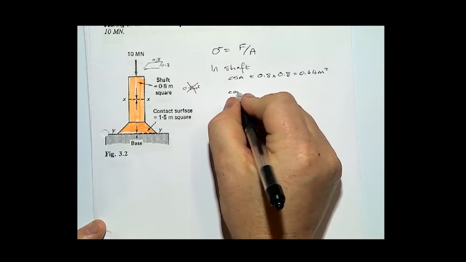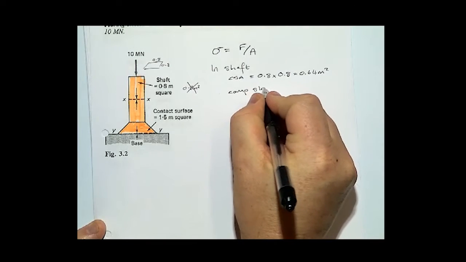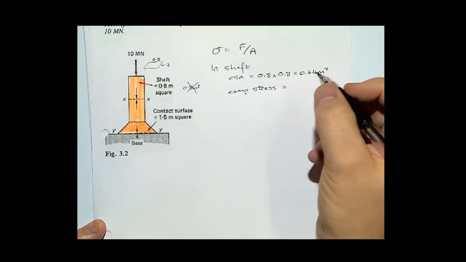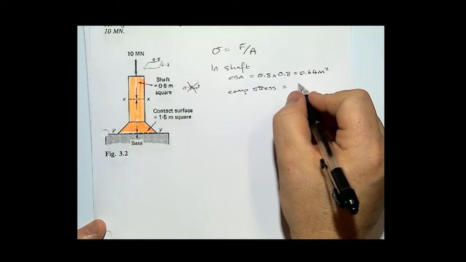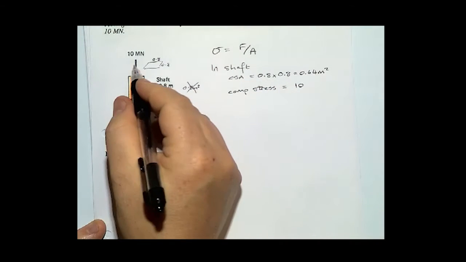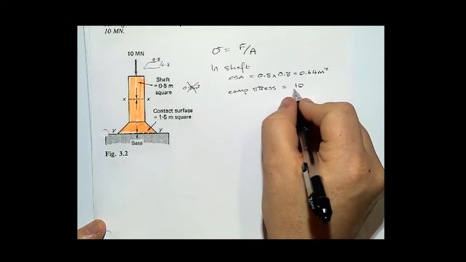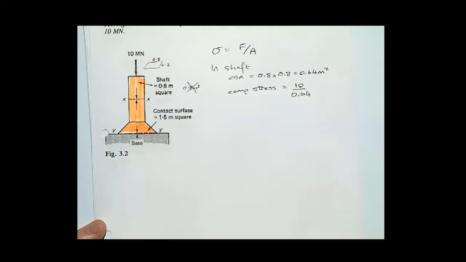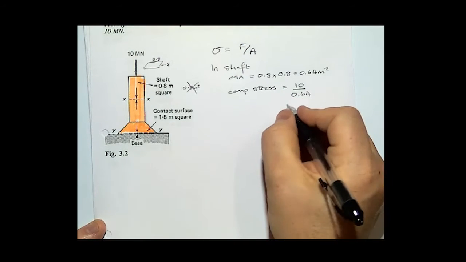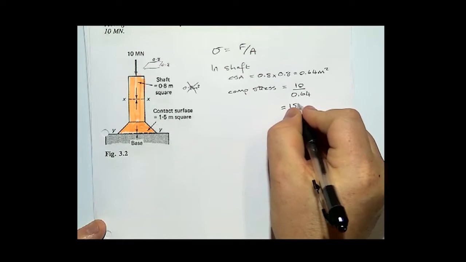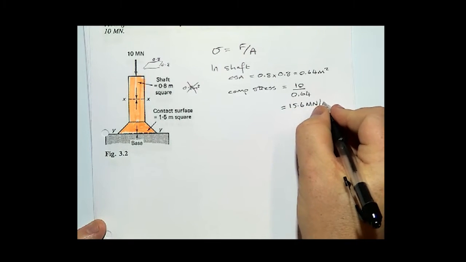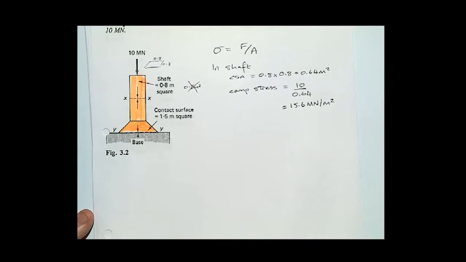So we've got the compressive stress equals 10 meganewtons divided by 0.64. So that's our force over area, and that will give us 15.6 meganewtons per meter squared.